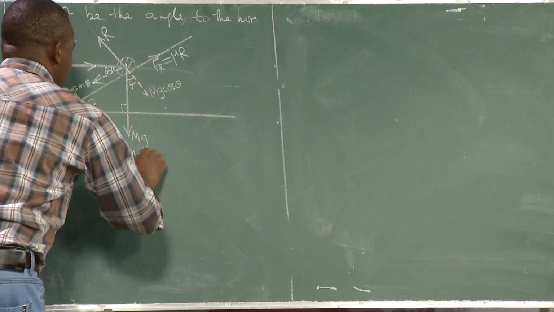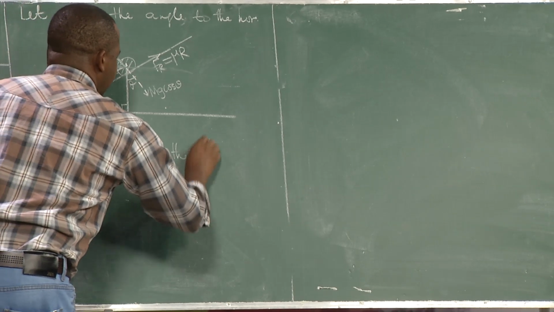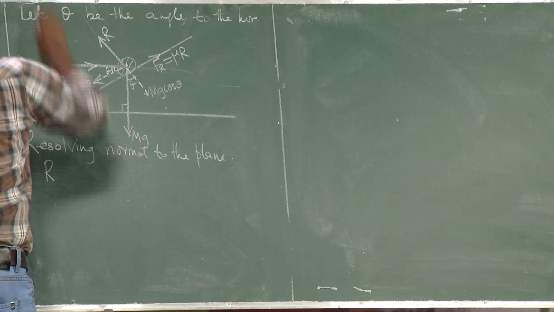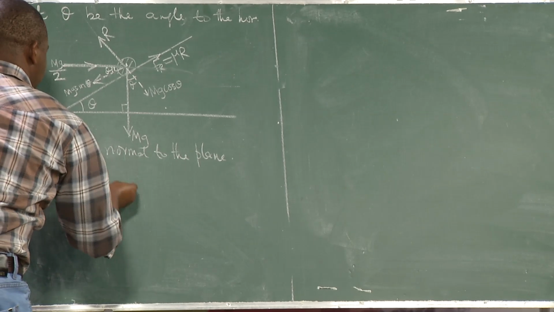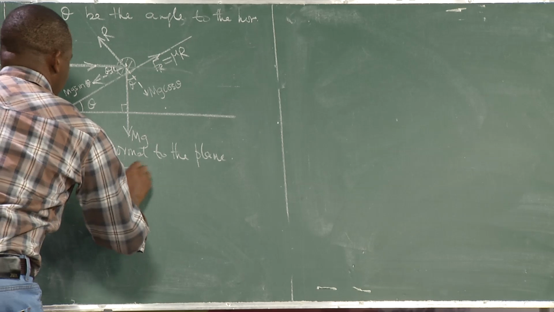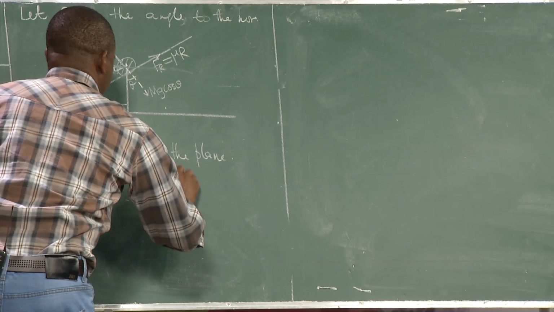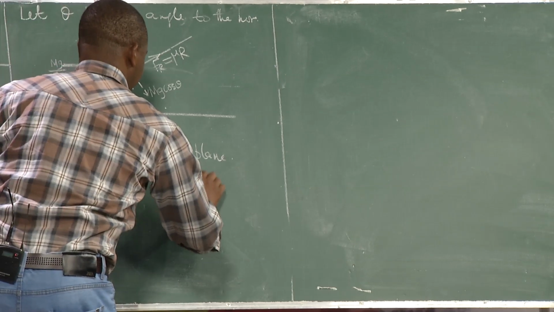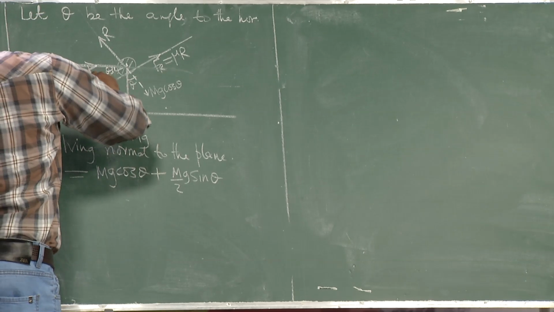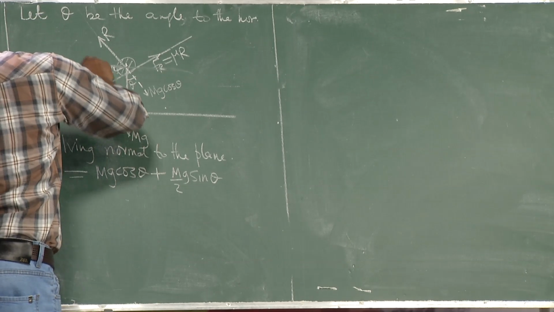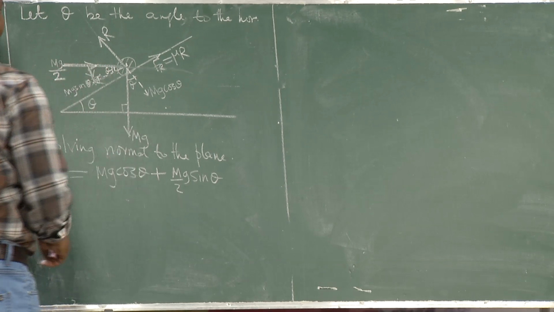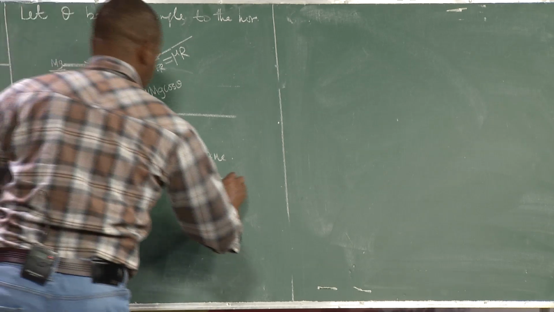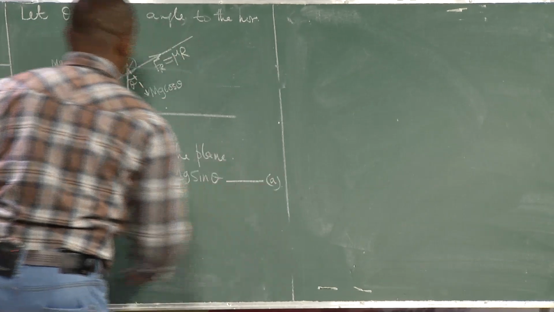Resolving normal to the plane means that R will be equivalent to mg cosine theta plus mg over 2 sine theta. If we resolve this, the 90 is here. So we are looking for the component here which will be going down. And without wasting any time, we can call this equation A.